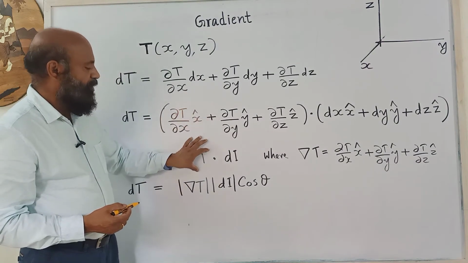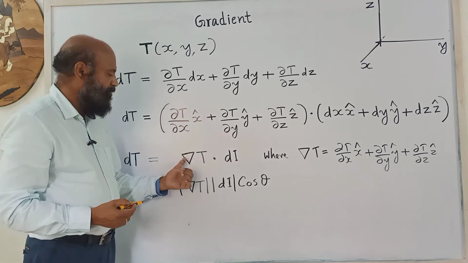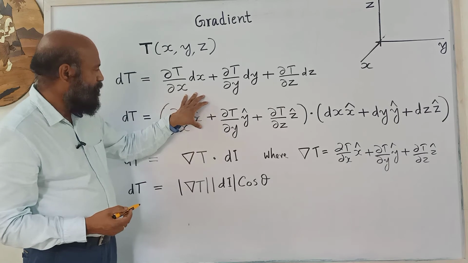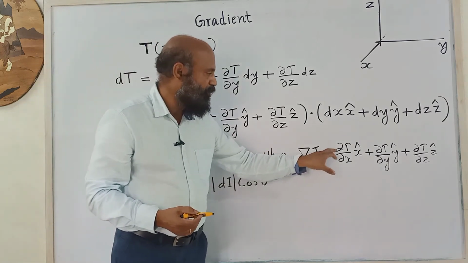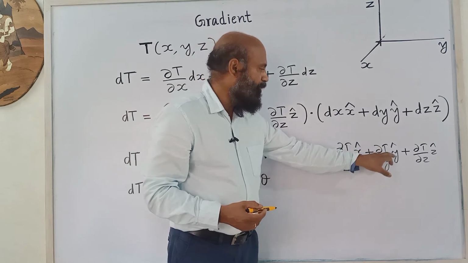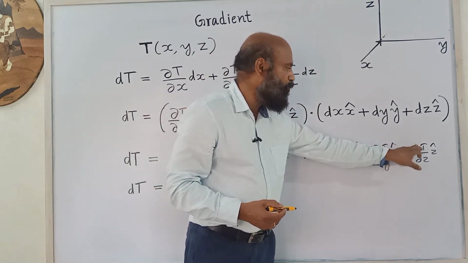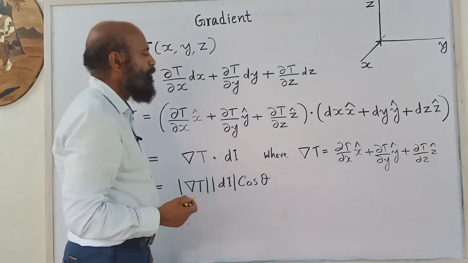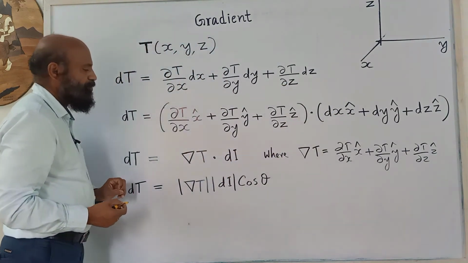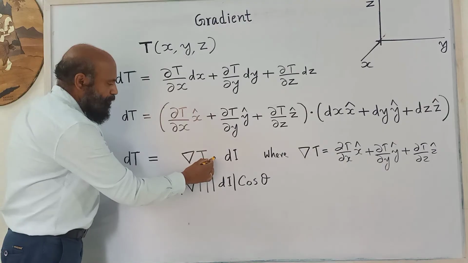So del T, this is an operator del. So it is called the gradient of temperature. So del T is dou T by dou x, x cap, plus dou T by dou y, y cap, plus dou T by dou z, z cap. Now for this dl, so dot product.